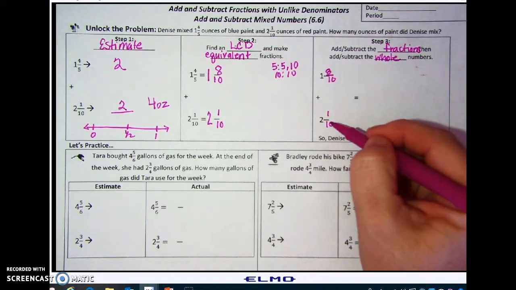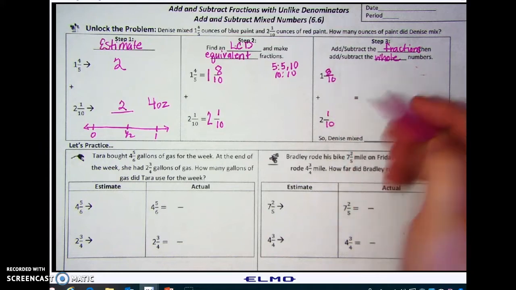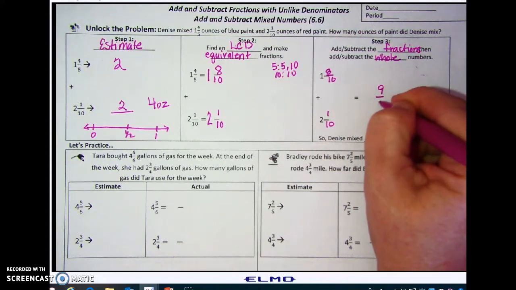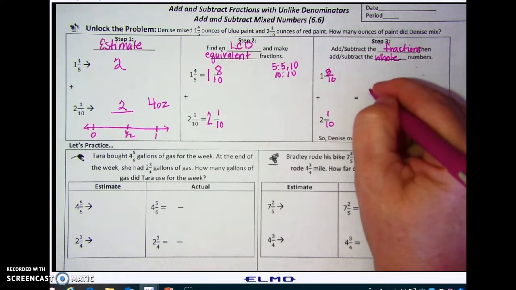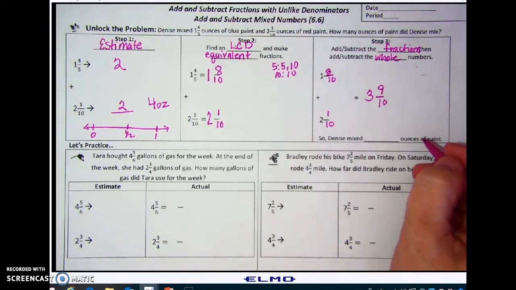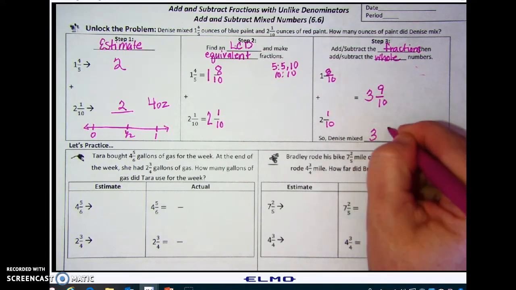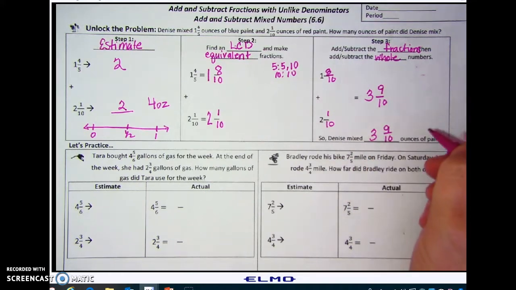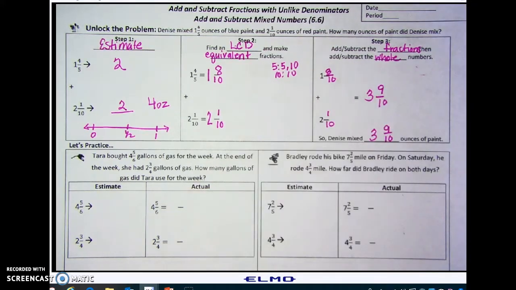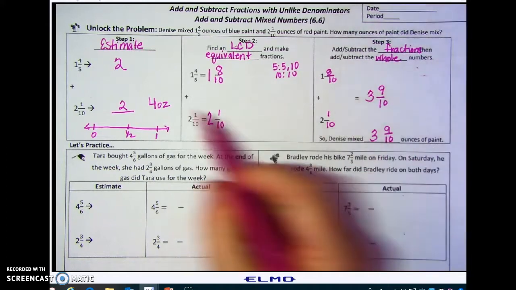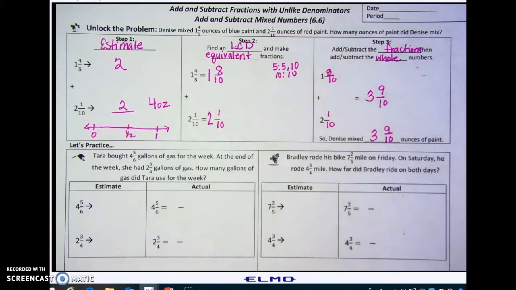So I add the fractions first. 8 plus 1 is 9, so I have 9/10, and 1 plus 2 is 3. So Denise mixed 3 9/10 ounces of paint. Now I can look and see that 3 9/10 is really close to 4. So we did a really good job with our estimating.